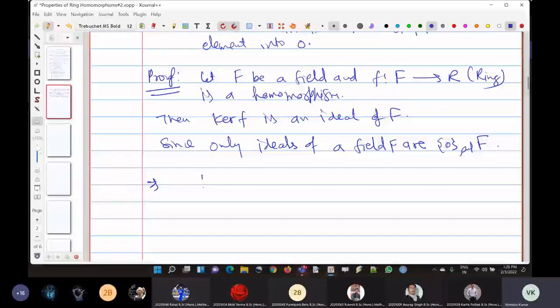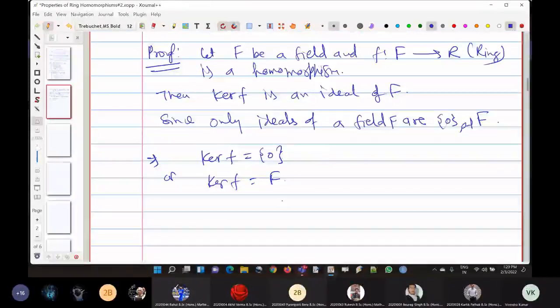So this means that the kernel of f, because this is an ideal, is either singleton 0 or, in the other case, the kernel of f is identically F.